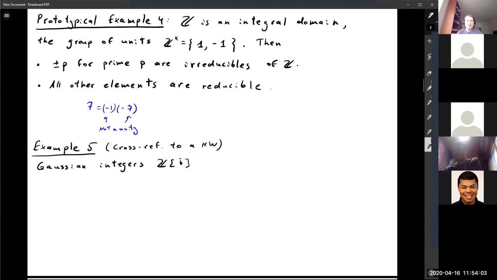Actually it does, but for us this is just a notation for the Gaussian integers. And we know that it is an integral domain.